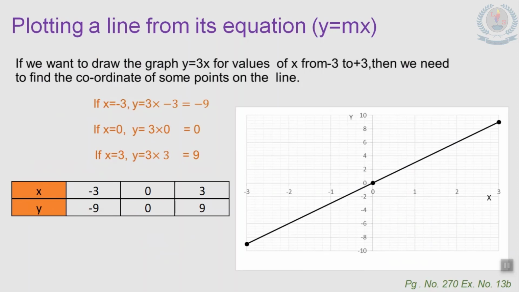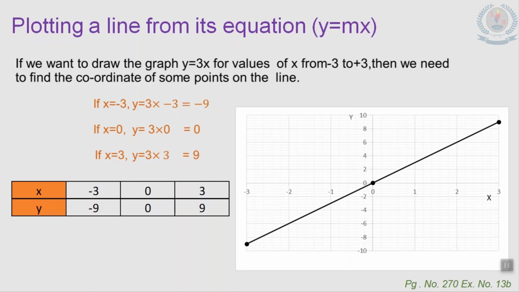I think it's better to choose one negative value, one coordinate from 0 and one with another positive value. So here I have already taken x as minus 3, 0 and 3. As I know the equation of the graph, y equals 3x.